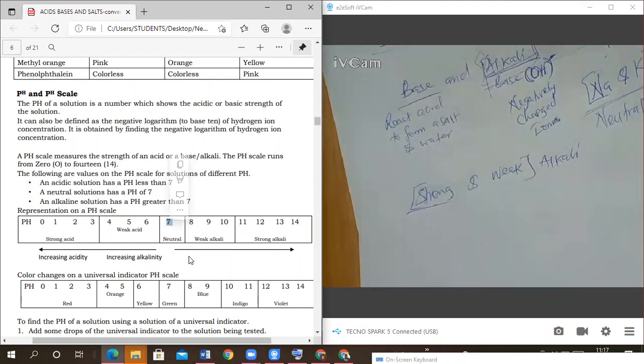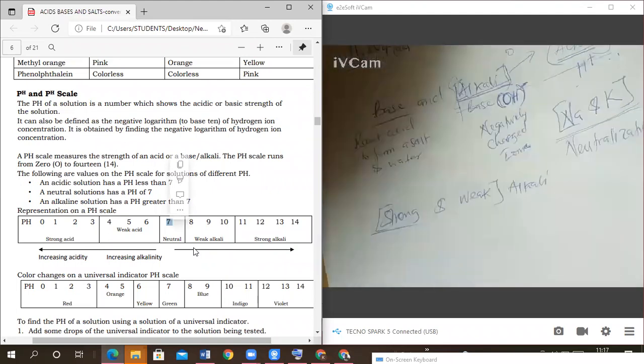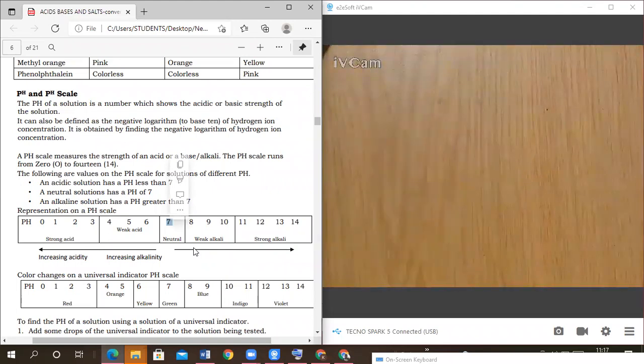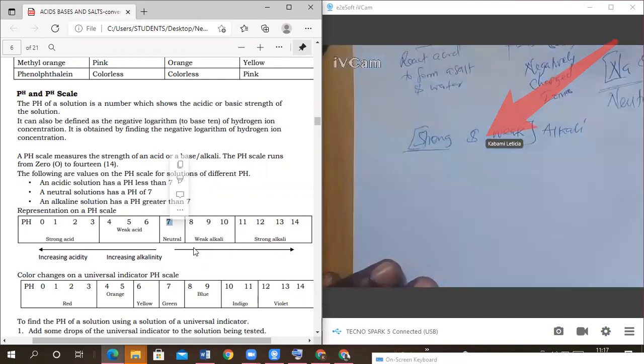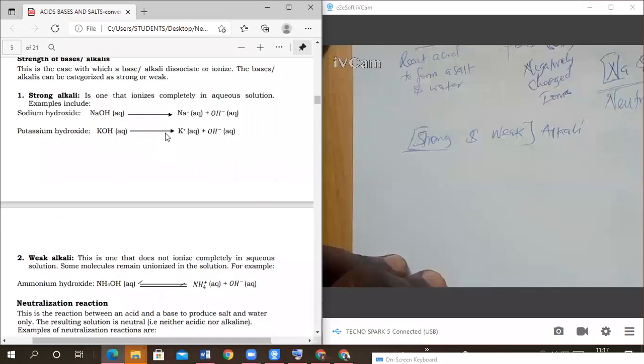Alkaline. Waragi is alkaline. Strong alkali. Strong acid. Let's go back and see where these acids fall.